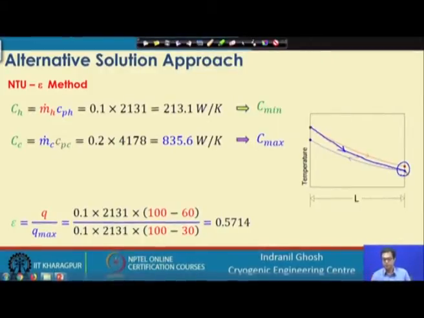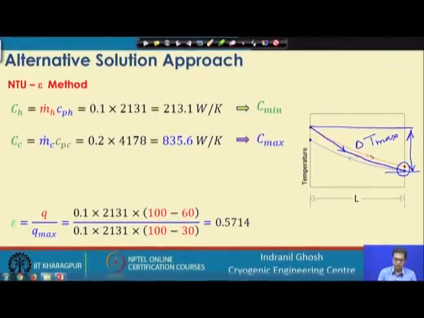So, this is the maximum difference in temperature, the delta T max, that is possible with the minimum capacity fluid.